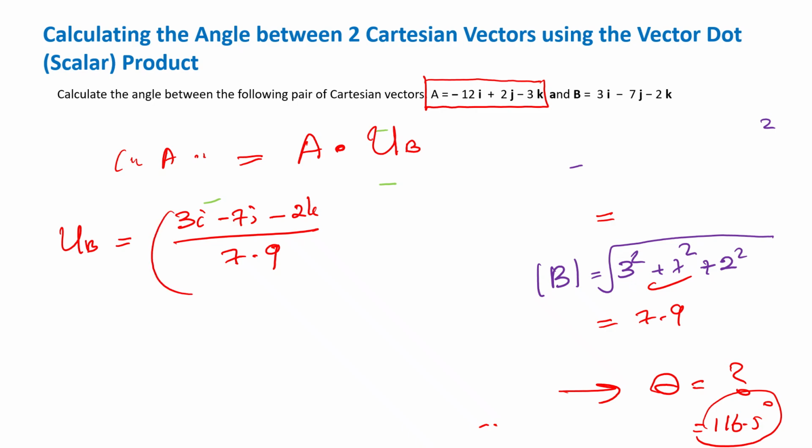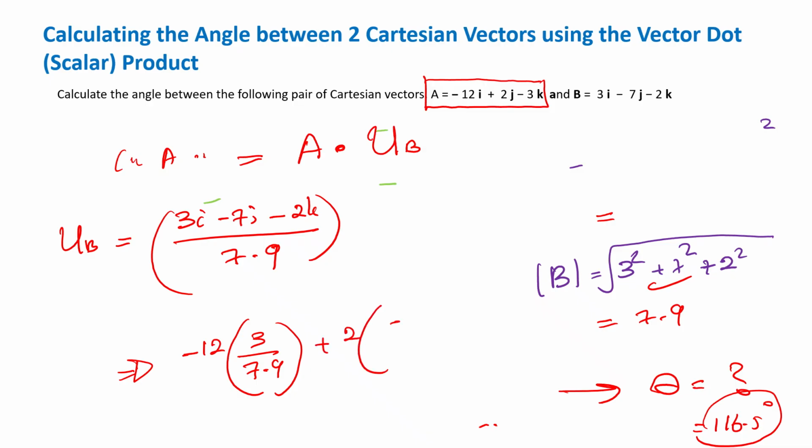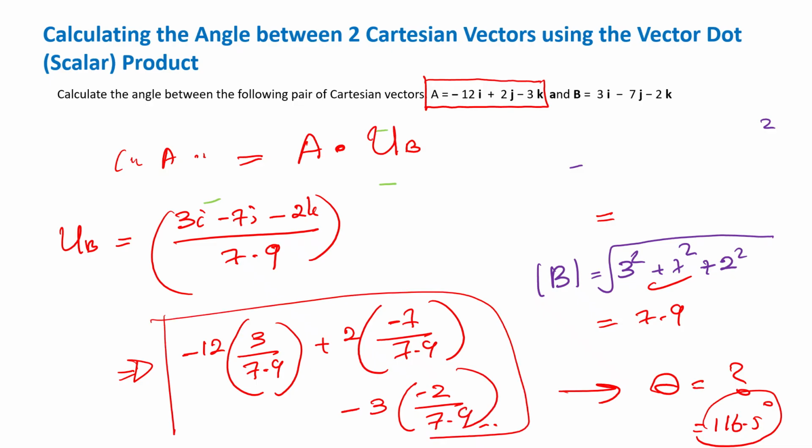And if you consider the dot product of these two, how do you do it? The dot product will be minus 12 times 3 over 7.9, plus 2 times negative 7 over 7.9, and then negative 3 times negative 2 over 7.9. When you put these in your calculator, they're all numbers, it's a scalar. You get a number that is the magnitude of the component of A on B. Clear or not?